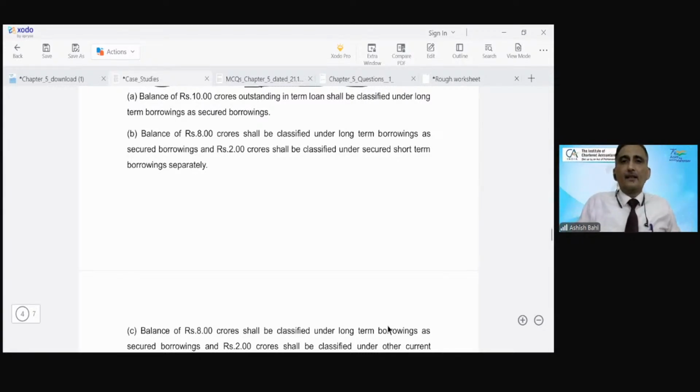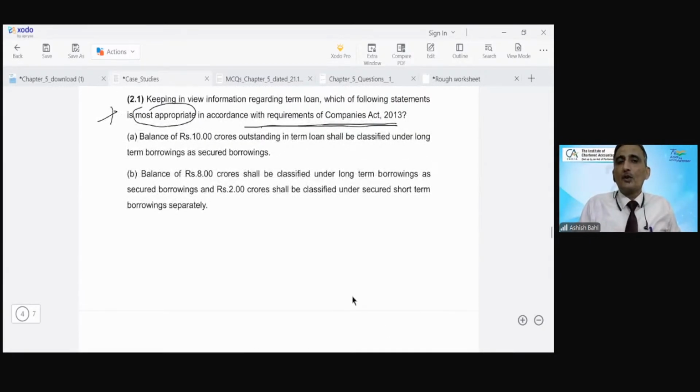Yes, guys. See again the question. Keeping in view information regarding term loan, which of the following statements is most appropriate in accordance with the requirements of Companies Act 2013? Now, what are these options? Option A is balance of 10 CR outstanding in term loan.